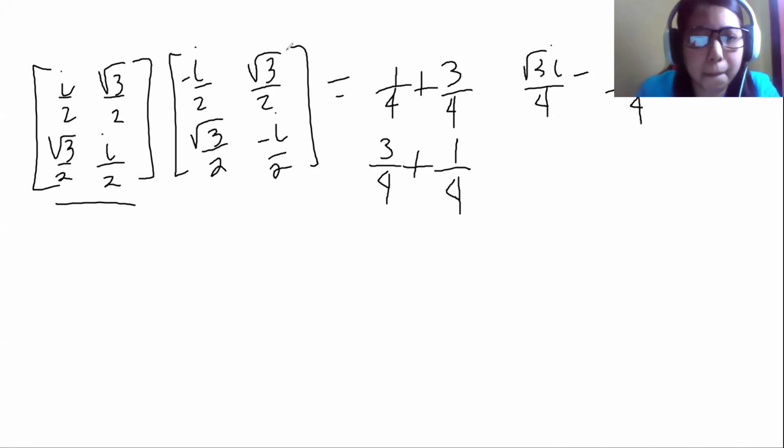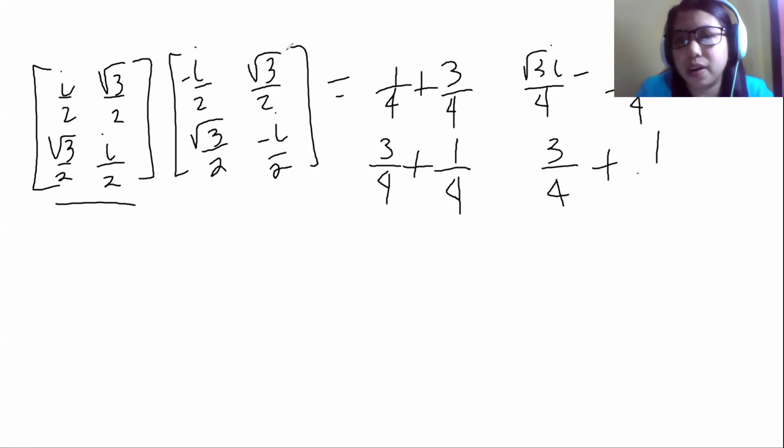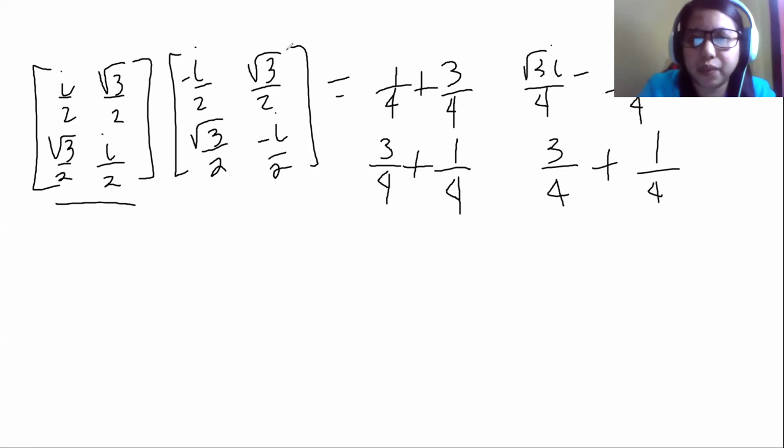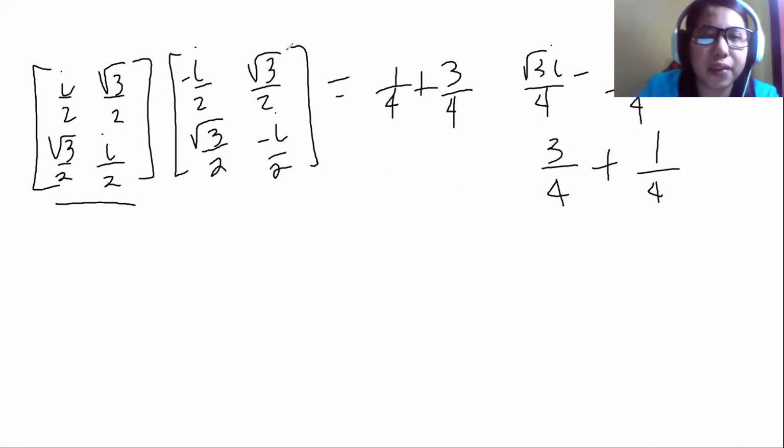Okay, next. Let us see. So where are we now? So this is actually here. So 3/4 plus 1/4. I misplaced it. Okay, let's go back. So here we have negative this part with our first value here.